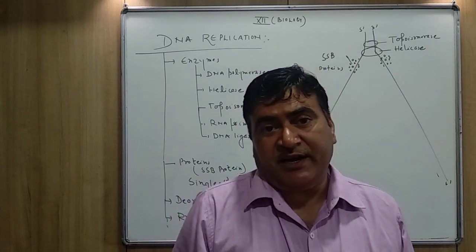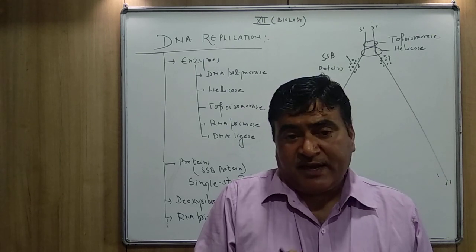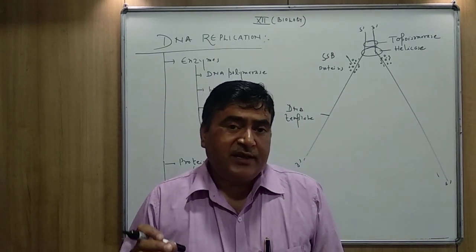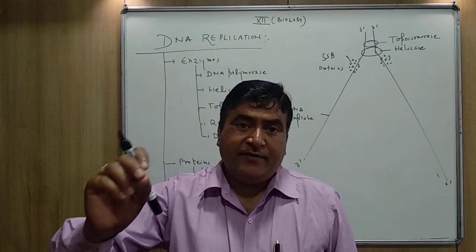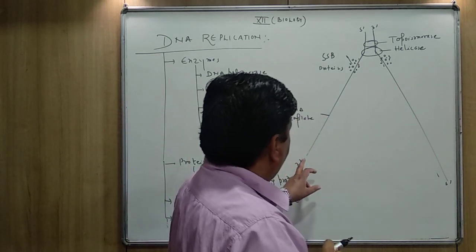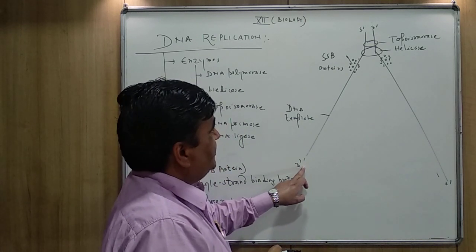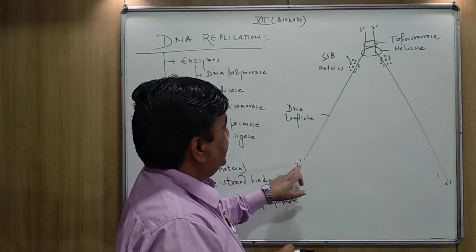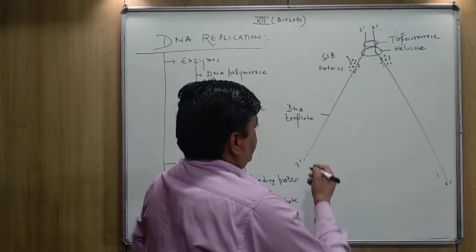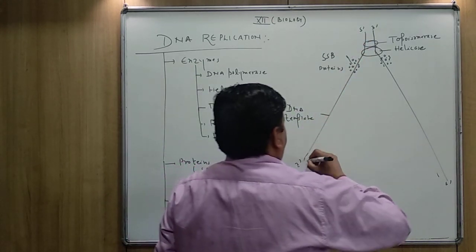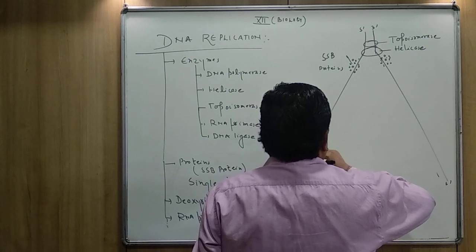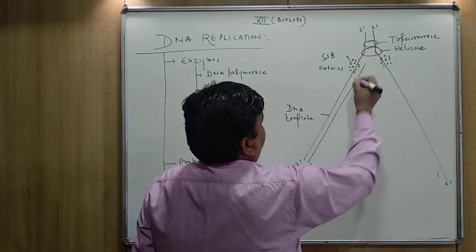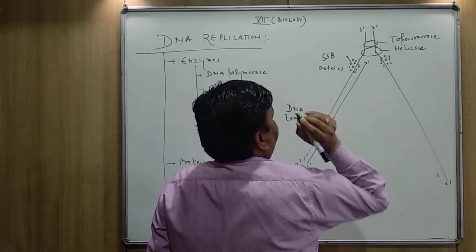If there is a question on the direction of the synthesis of DNA, that is 5 to 3 direction. And what is the polarity of the template strand? The template strand polarity is 3 to 5. So, as per 3 to 5, in this direction, this will be the 5 to 3 direction.